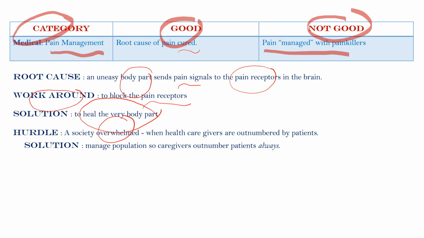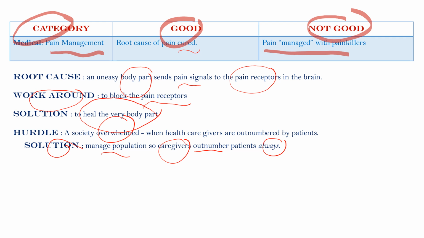So one major hurdle is that healthcare givers are outnumbered by patients. So the obvious solution is that we manage populations and the environment so that our caregivers outnumber the patients always. The solution is to manage the population and ensure that there are always backup dedicated caregivers who outnumber the total number of citizenry at any given point in time.